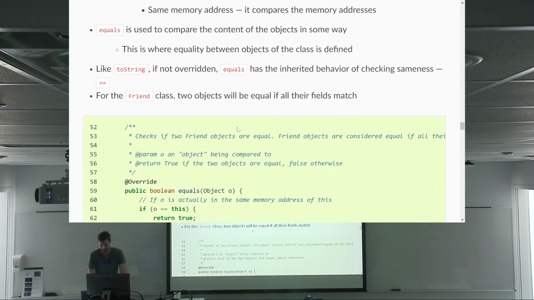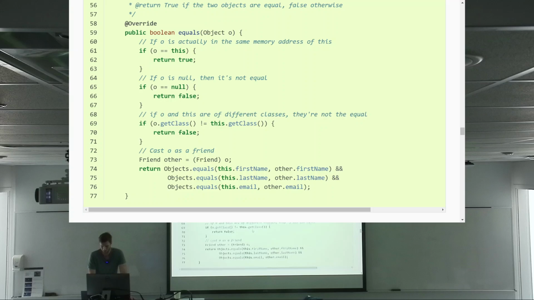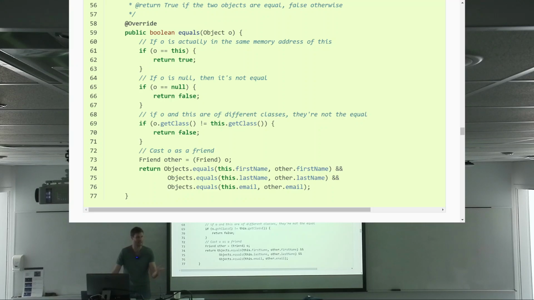All right. So in Java, we have this public Boolean equals. It returns a Boolean. Now, to override the existing equals that we get for free, the method signature, which is this line, must be exactly the same. The fact that we see @Override here is not important.